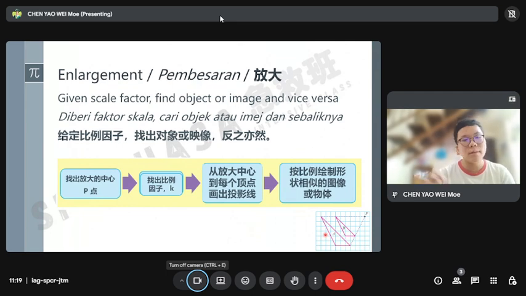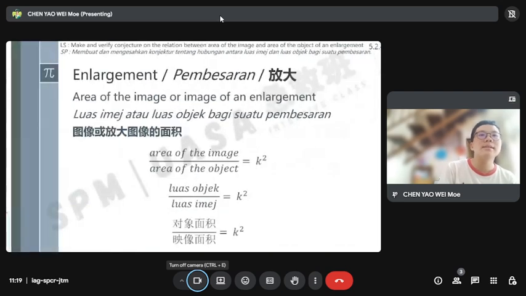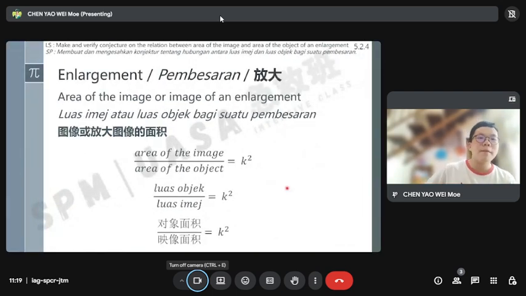But sometimes the question asks you to find something else. If this is a shape, and the question asks you to find the area of the image or the object, how do you do it? Use this formula: area of the image divided by the area of the object equals the scale factor, but you square it because you are finding area.